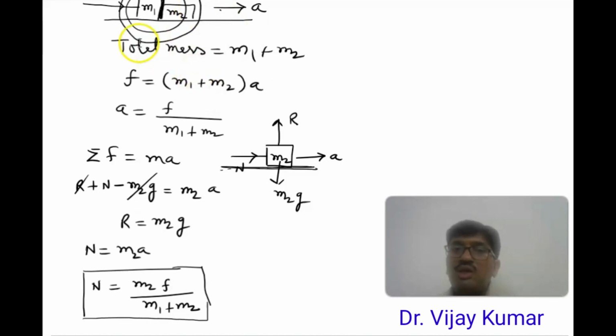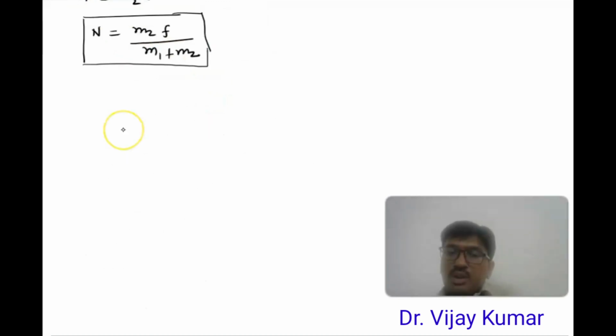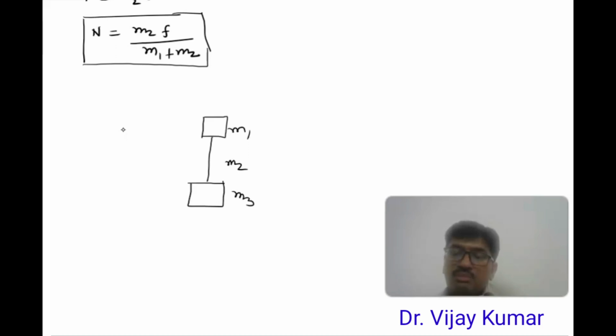This is one case. In another case, suppose there is a mass m1, a rope of mass m2, and another mass m3, and it should be balanced by a force. First, we want to determine the force.